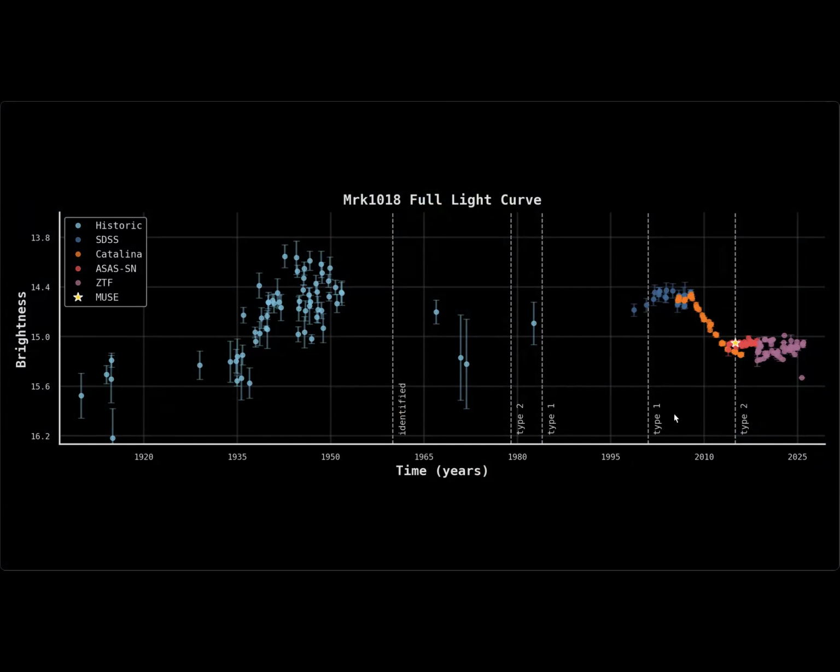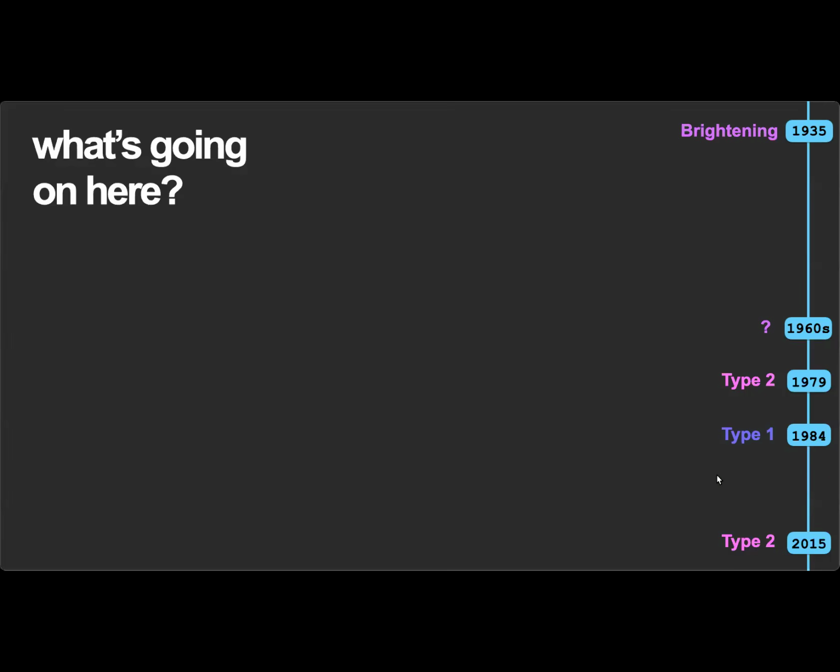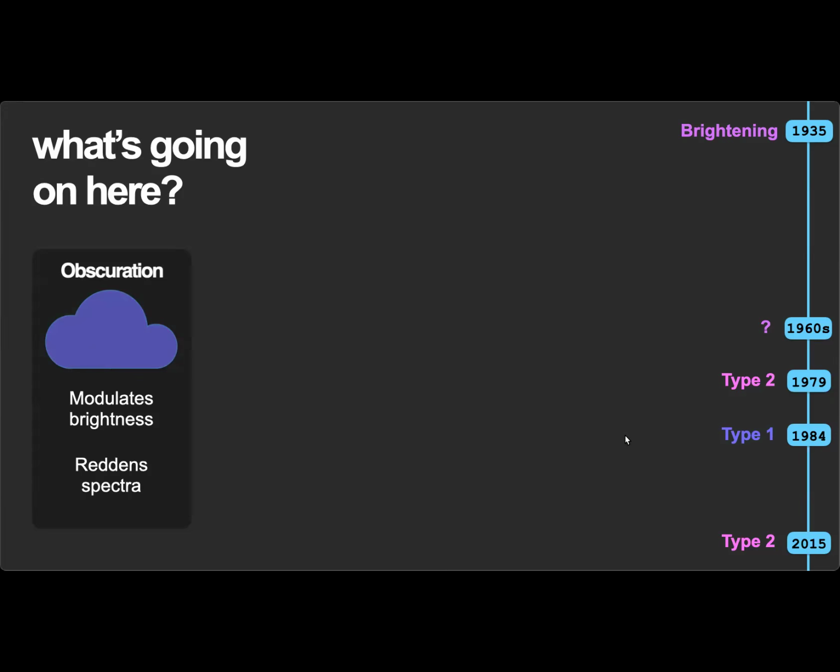And so we get this fantastic light curve. And so we can now go back to the drawing board of what do we think is causing this type of variability. Now, there's a couple of things we all know about these different mechanisms that can cause AGN to change in brightness. The first being obscuration, easy peasy. We put something in front of it, dims it. This modulates the brightness, but it also reddens the spectra.